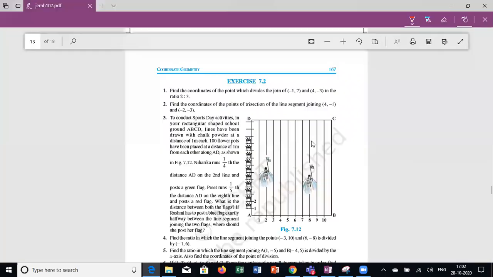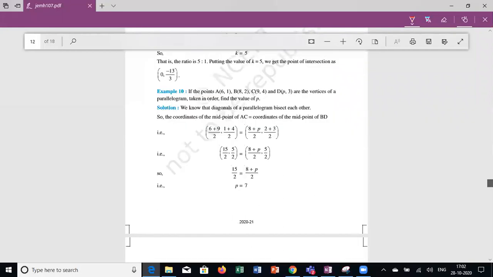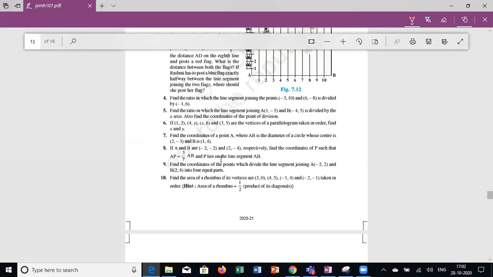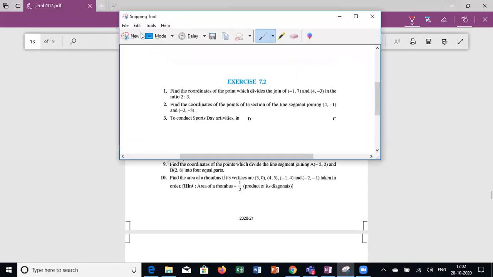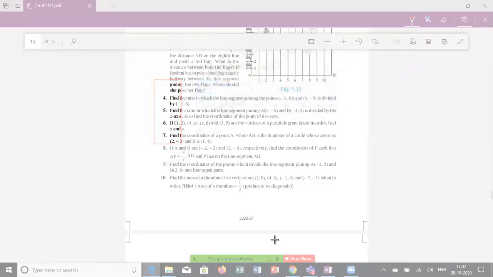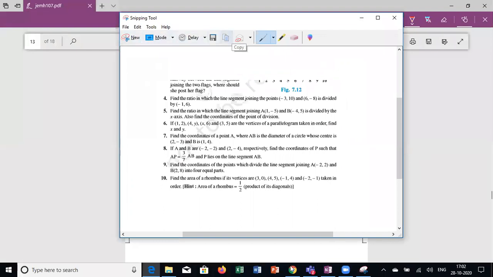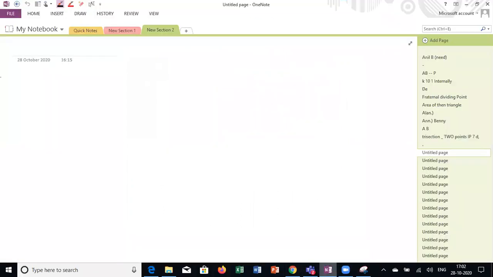Third question, you people try. How to do the fourth question? Anybody will try the fourth question. Now they gave the point, and they are asking you to calculate the ratio.